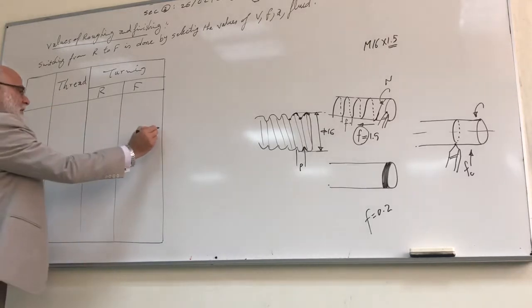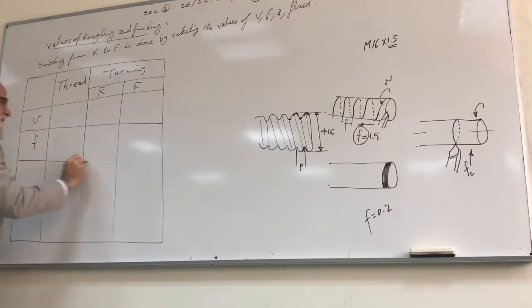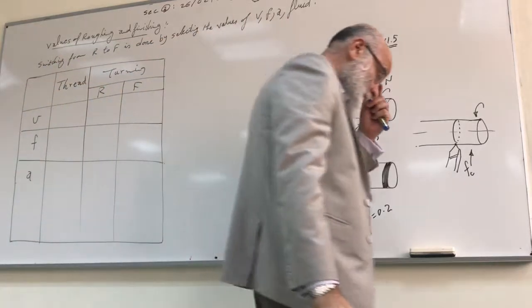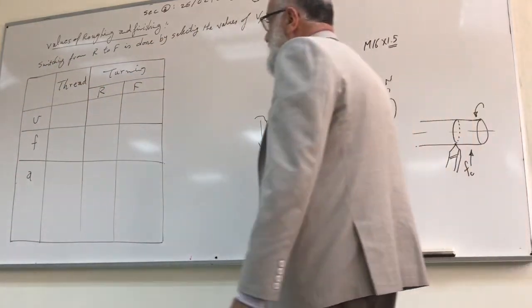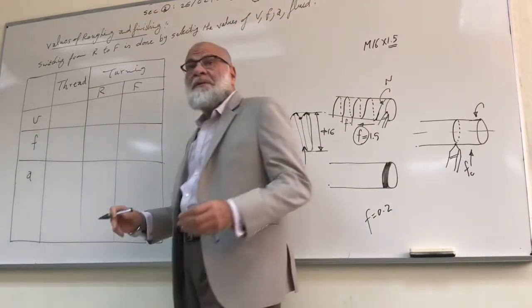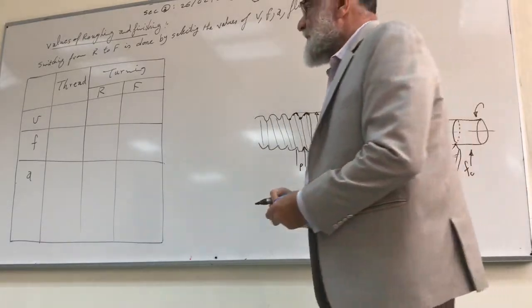Okay, now what about the values of V, the cutting speed, and the depth of cut? For the roughing, we said last time that roughing is removing as much of the material as possible.